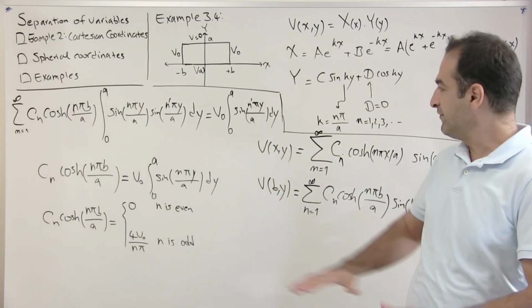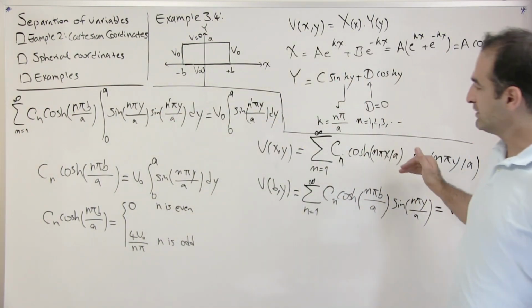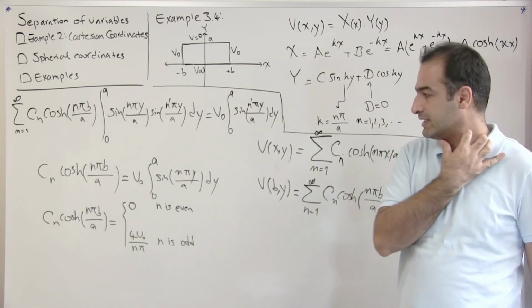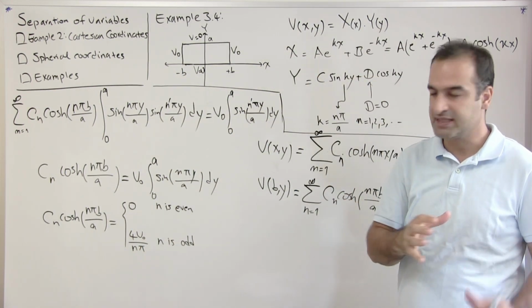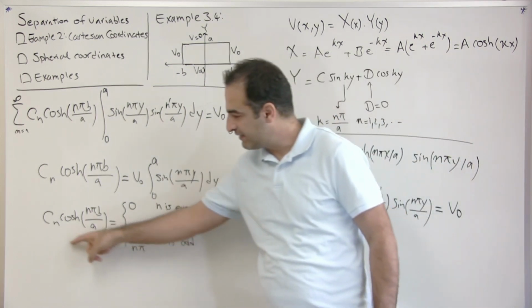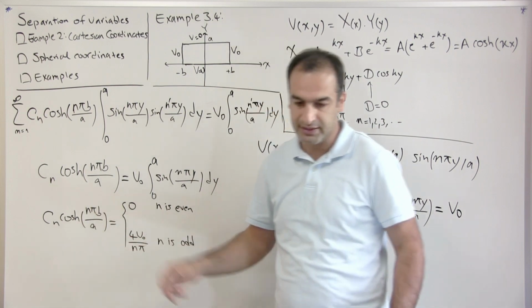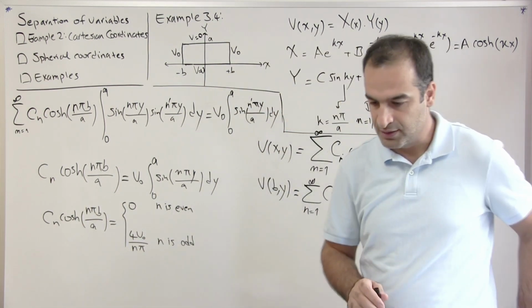Okay, so the way we look at the Fourier series and calculate the constant Cn's is very similar to the previous example. The only difference is that we have this hyperbolic cosine function as well, but here this is technically a constant.